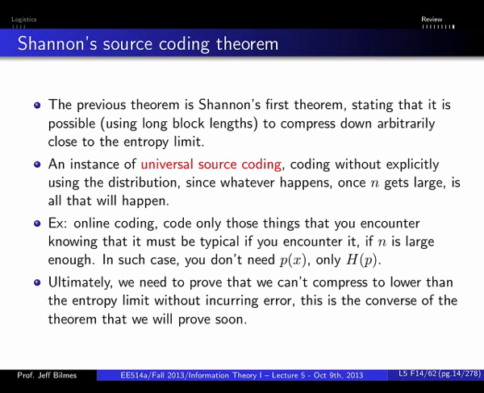If each individual source character, right, and we're taking long sequences of source characters and making these things longer and longer in order to get the rate that we want down to the entropy. But why couldn't you just say, well, I have a probability distribution for each source character, p of x, right, and then compute the entropy of that, and why can't I just assign a bit string for each one of those and get the entropy rate?